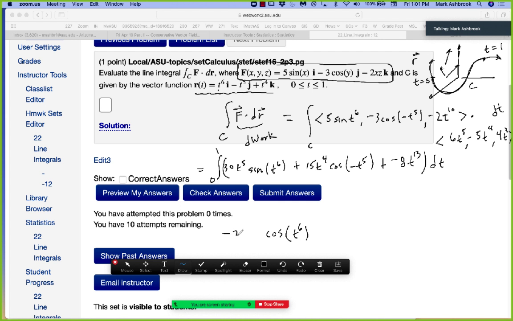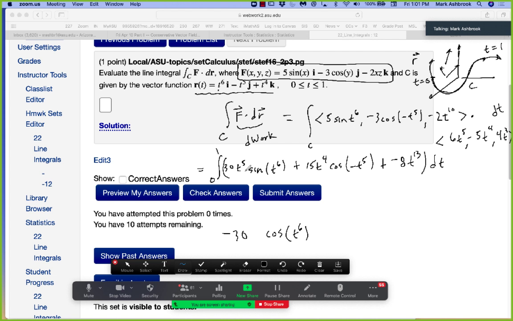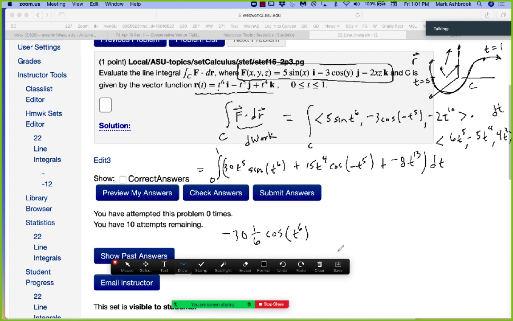And I'm going to have this 30. Then taking the derivative, I'd have 6t to the fifth, but I don't have the 6, so I'm going to have 1/6. So that's seeing it as the result of the chain rule and trying to recover the original function that would give that derivative.